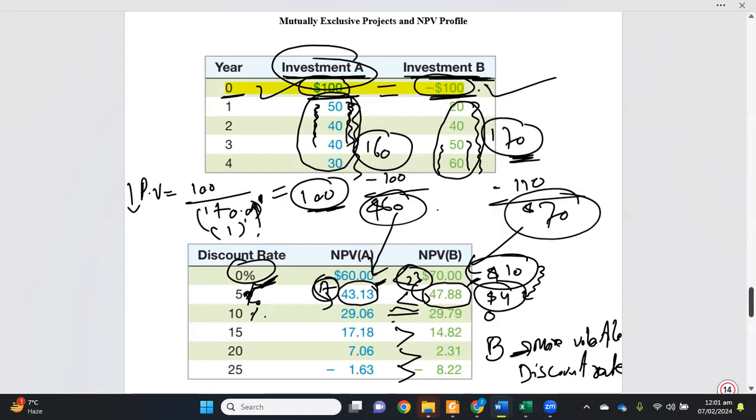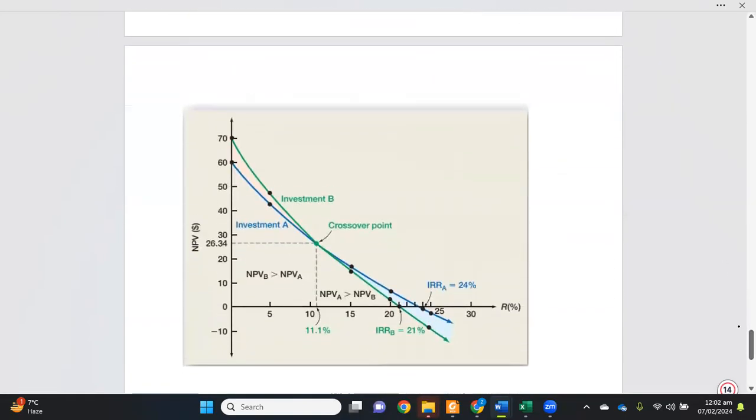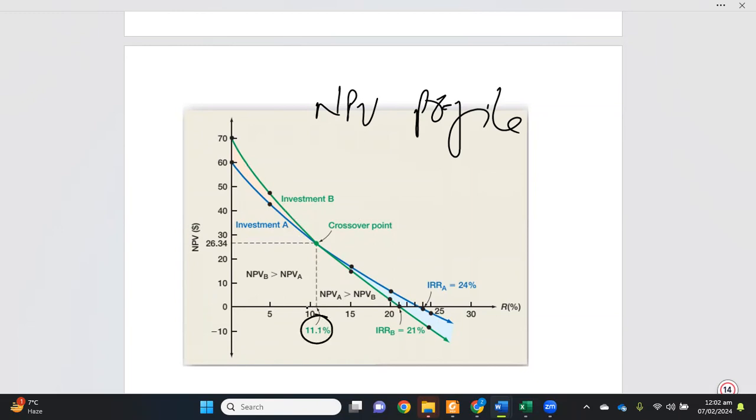Okay, so when we plot this phenomenon on a graph, we call it the NPV profile. Here we can see that till almost 11.1%, at 10% these two NPVs were not exactly the same; there was a slight difference of some decimals.